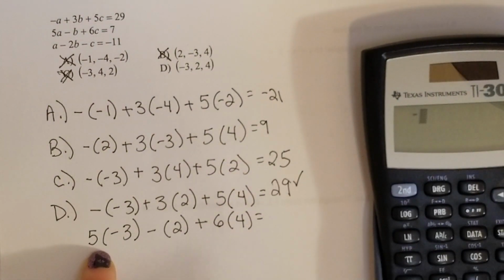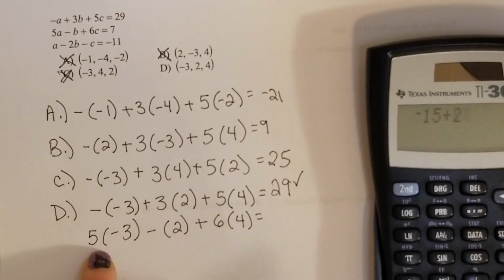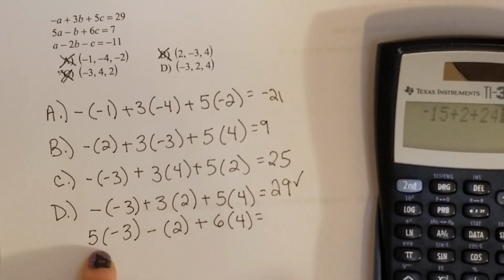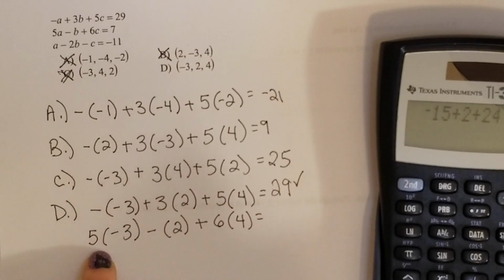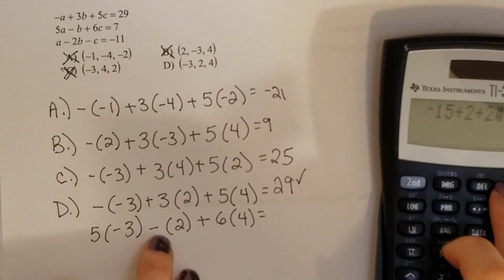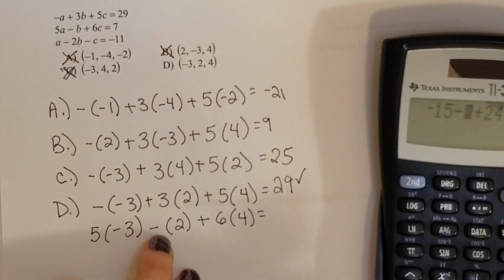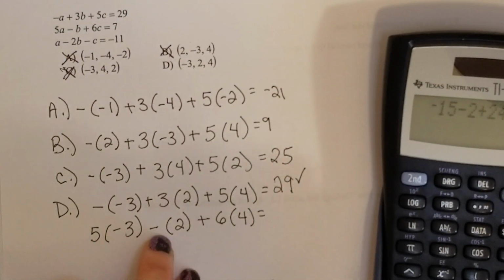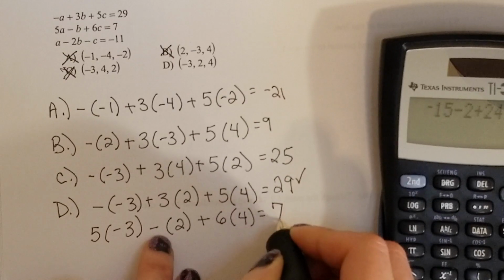All right, that would be negative 15 minus 2 plus 24. And what did I do? This should be 7. I messed something up. I probably looked at one of the... Oh, that was a minus 2. I was going to say, I probably looked at something wrong. There we go. That gave me 7.